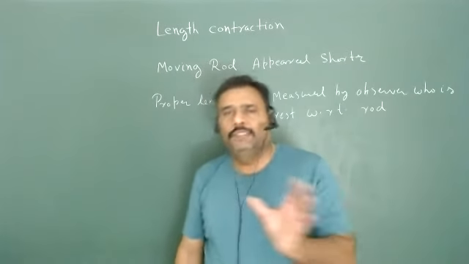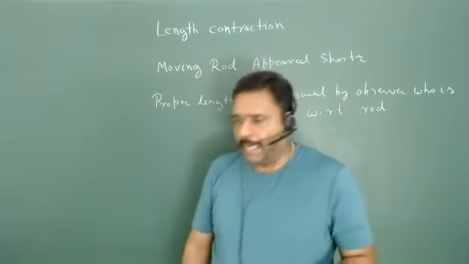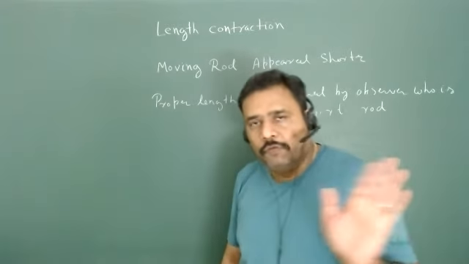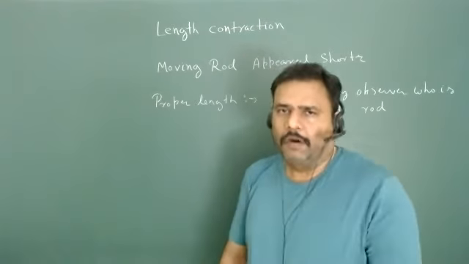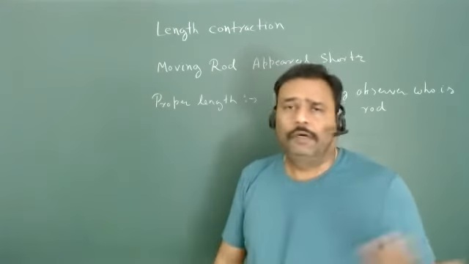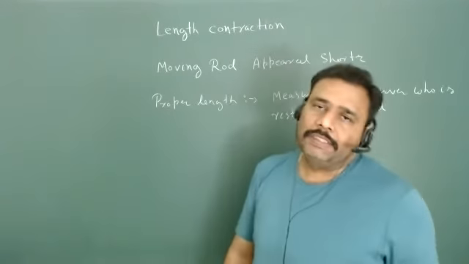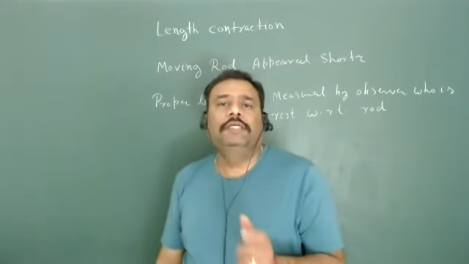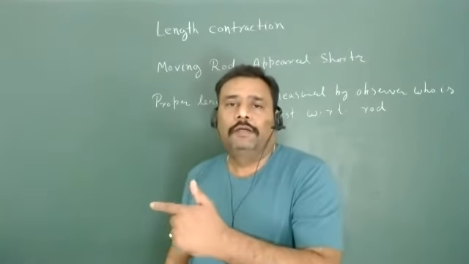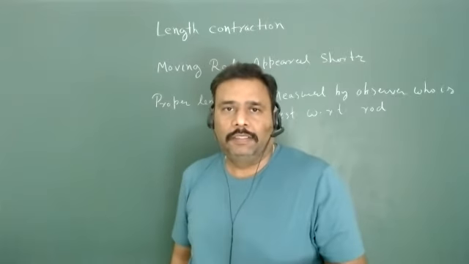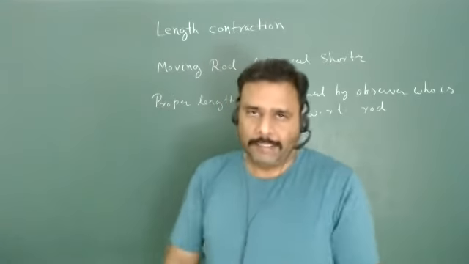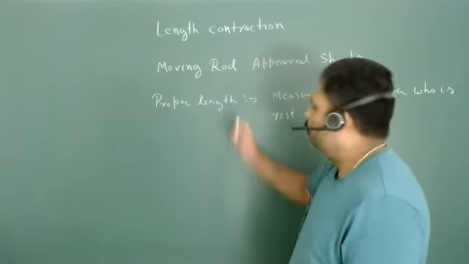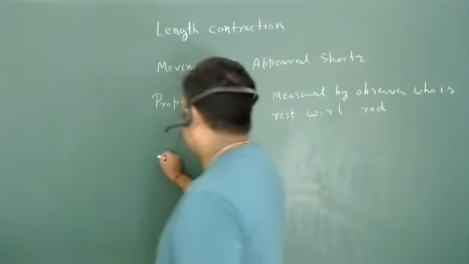Then he will always measure the proper length. And if the rod is moving with respect to the observer, or the observer is moving with respect to the rod, both are the same thing. That means if there is some relative speed between the rod and the observer, then the observer will see a contracted length. So this is proper length and contracted length.